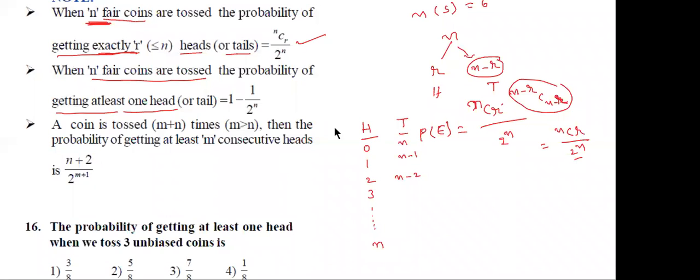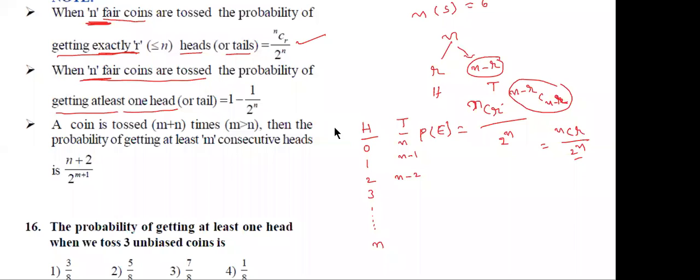Total how many coins are tossed? N. We get n results. 0 heads means all results are tails only.